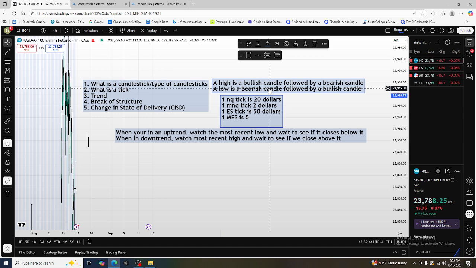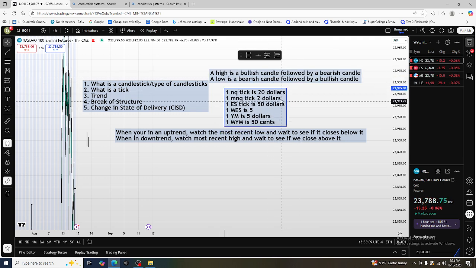I think one YM tick, which is just the US 30, I want to say it's $5, and one micro is cents. Don't quote me on that. I would look it up first because I haven't traded YM in a while, but I do believe that's what it was.